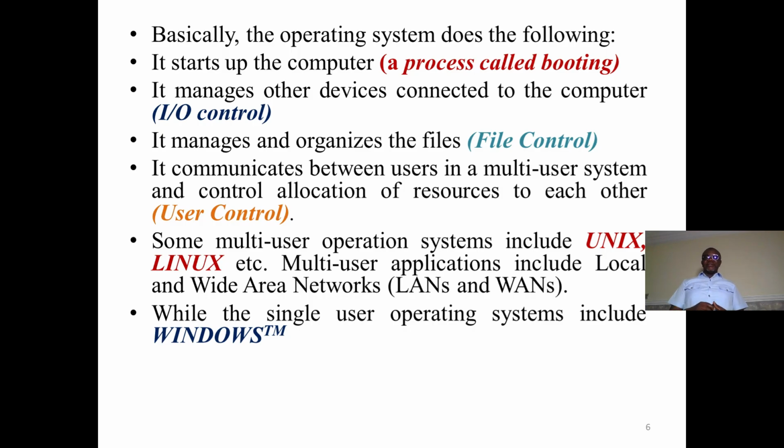Multi-user applications normally include computers connected in local and wide area networks, otherwise known as LANs and WANs. While the single user operating systems include Windows, Windows 95, Windows 2000, name them.